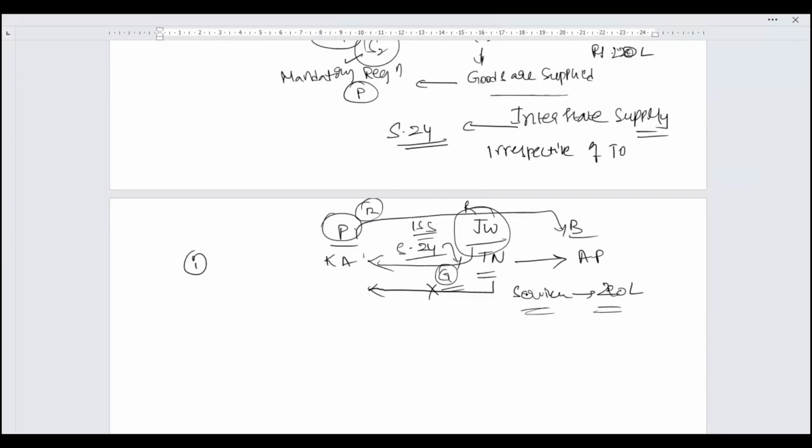No, the job worker doesn't want to get registered in the GST, and the principal also will not add that place as an additional place of business. But still, we want to say for repairing or reconditioning, whatever it may be. No. Without adding additional place of business, it is not permissible. We have to mandatorily add additional place of business.